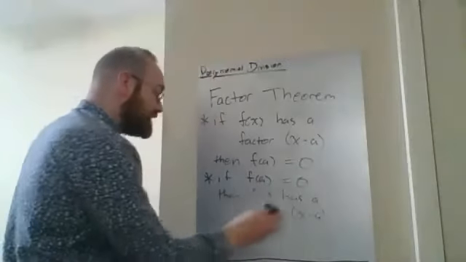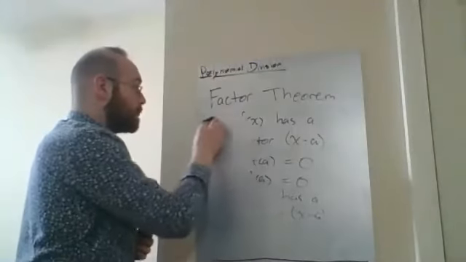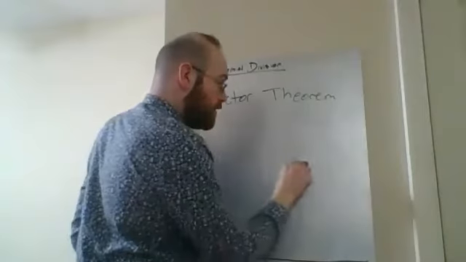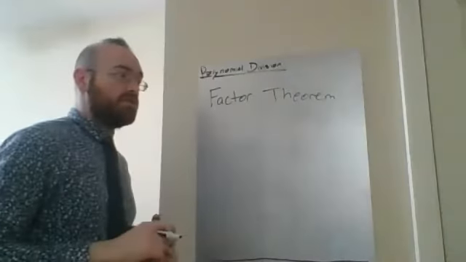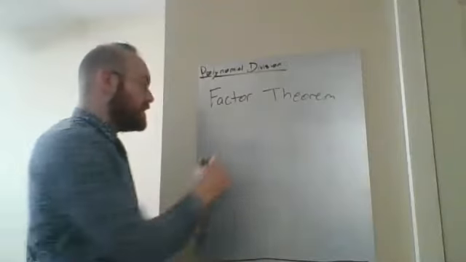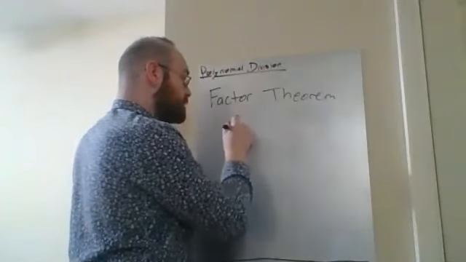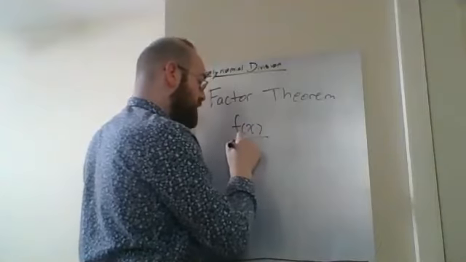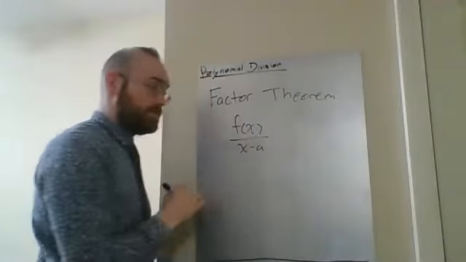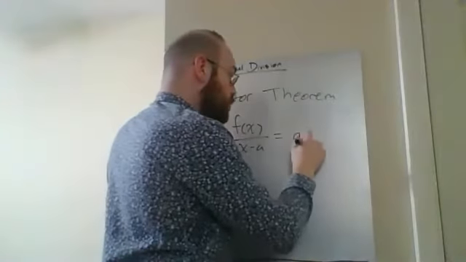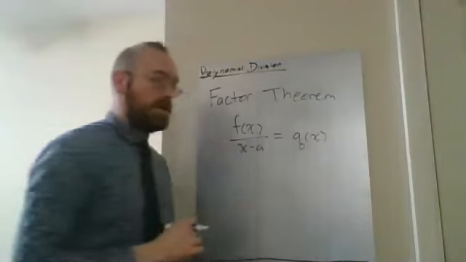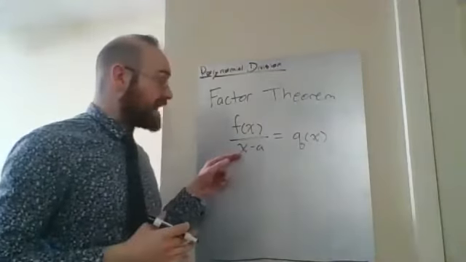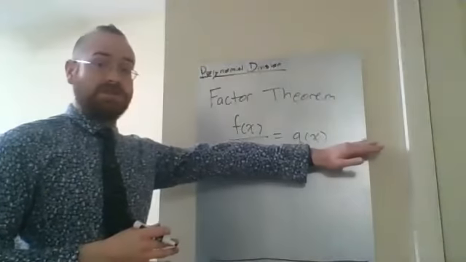So written in a slightly different way, what our factor theorem says is that if we have f of x divided by a factor x minus a, it equals a quotient. But because we're assuming that this is a factor of the function, the remainder is 0.